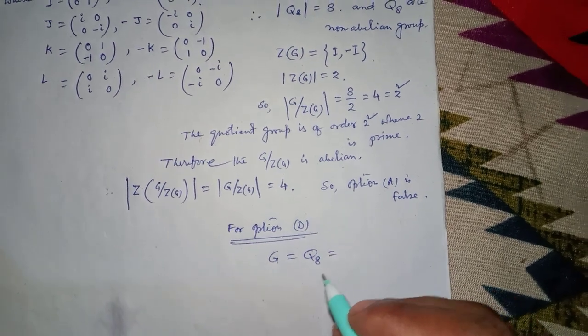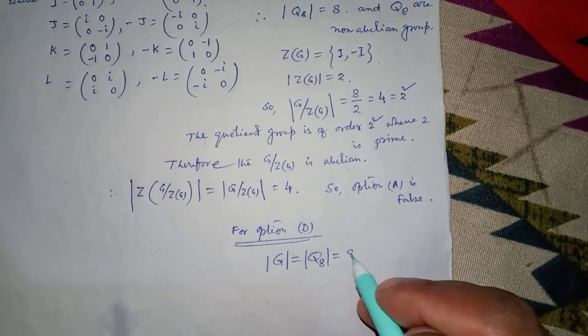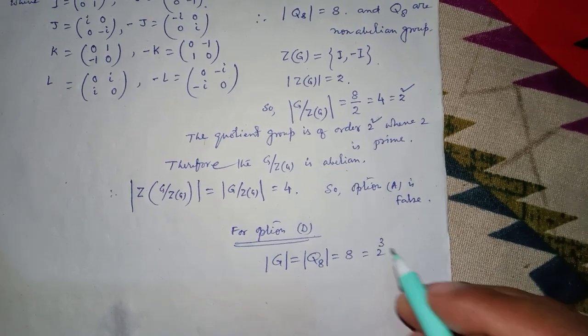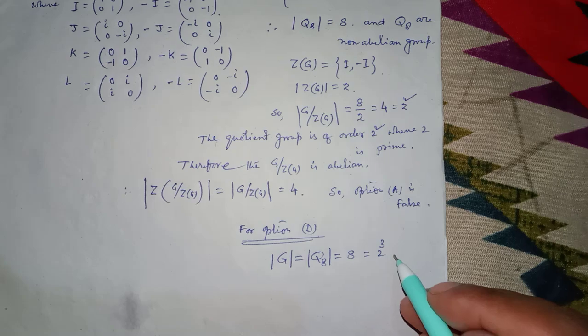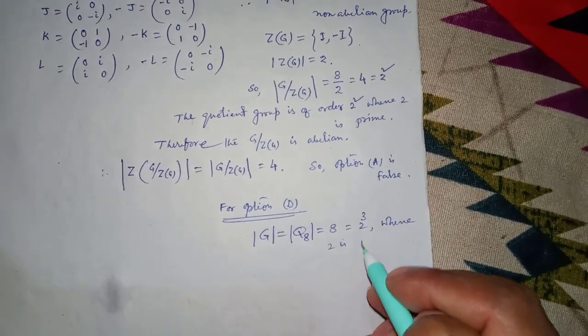That means the order of G is equal to the order of Q8, which is 8, equal to 2 cube, where 2 is prime.